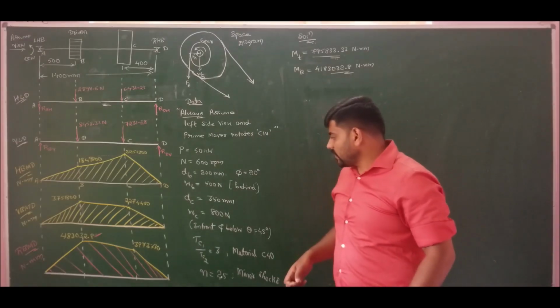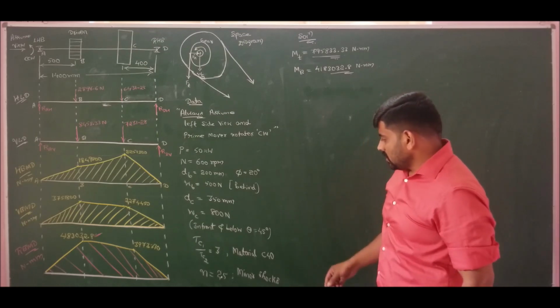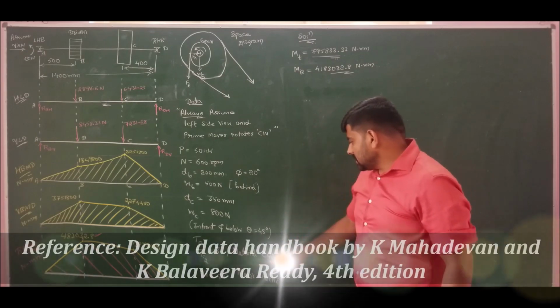Now moving ahead for the final part to calculate the size of the shaft required. He has given the material as C40 steel.